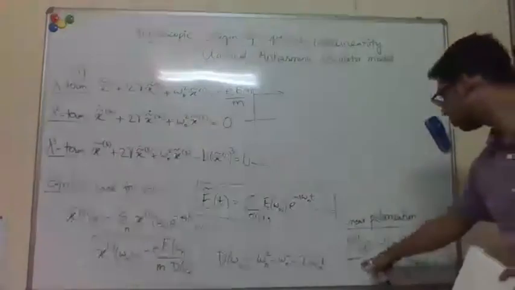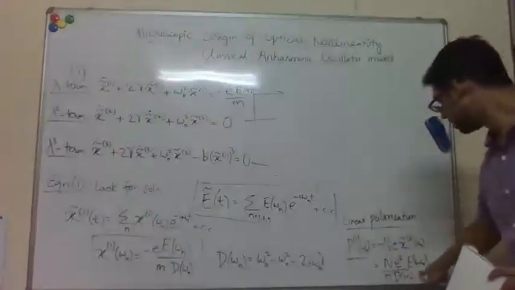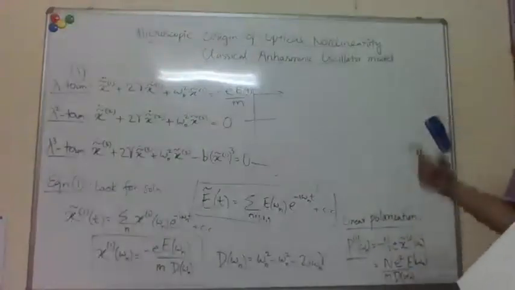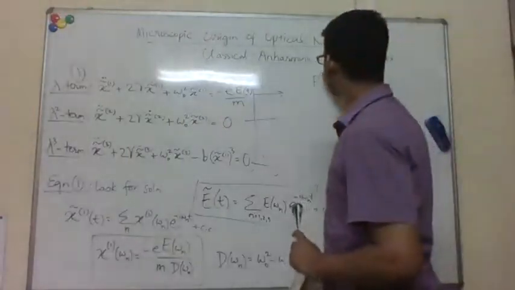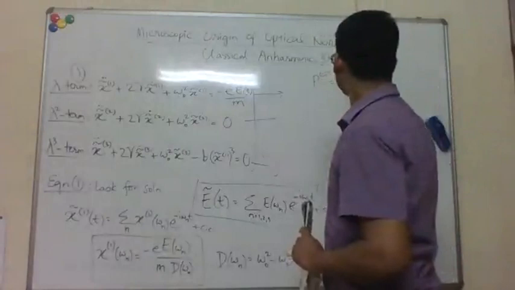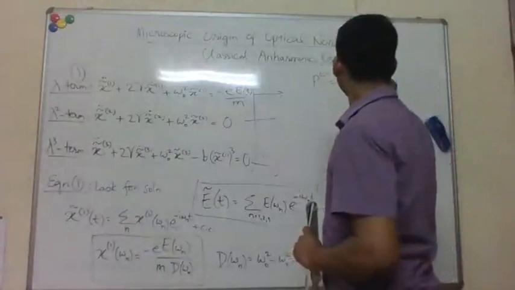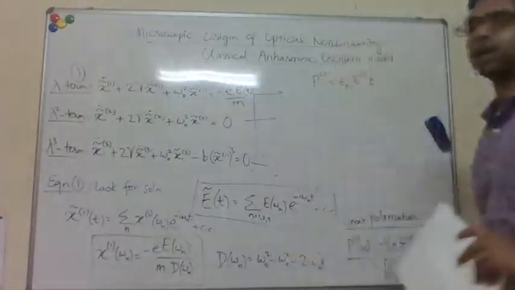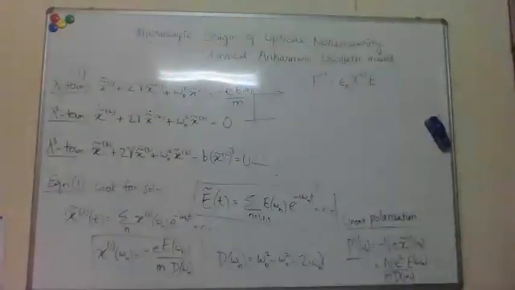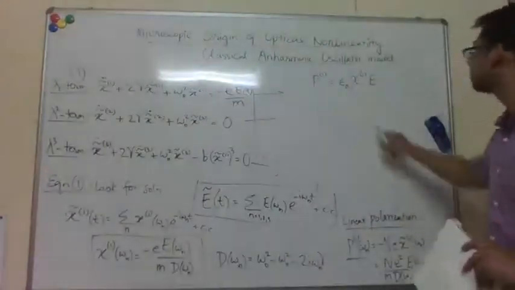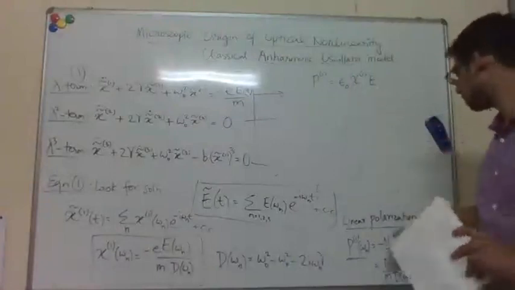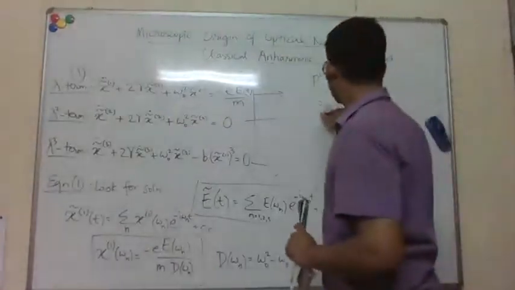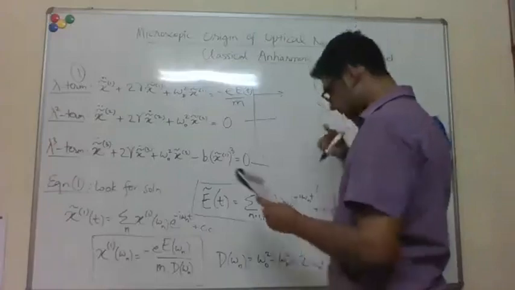And what is the relation between the polarization and the electric field? That's in terms of the susceptibility. So the linear susceptibility, if you remember, is basically that, right? So the constant of proportionality here is chi, with this factor of epsilon naught. So you can see, I can straight away write chi1, the linear susceptibility.